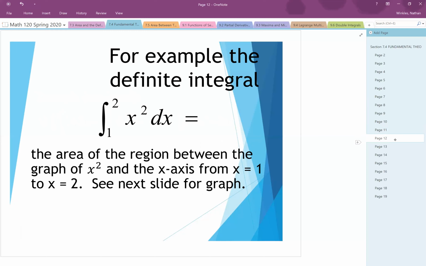So we're going to look at this one more graphically to see what's going on before we can show what's happening. So the integral from 1 to 2 of x squared dx, this is the area of the region between the graph of x squared and the x-axis from x equals 1 to x equals 2. And we have the graph of this on the next slide here.